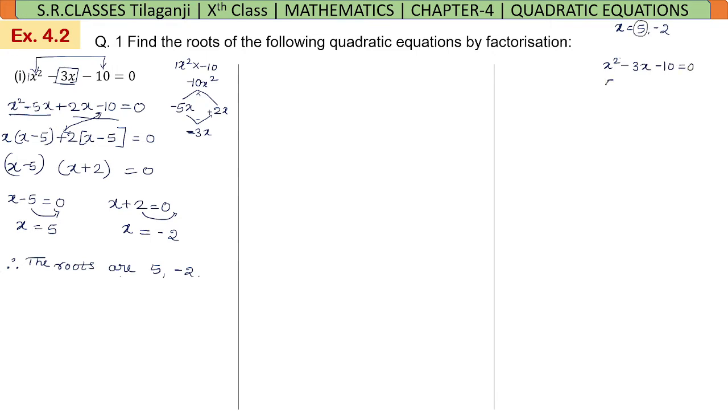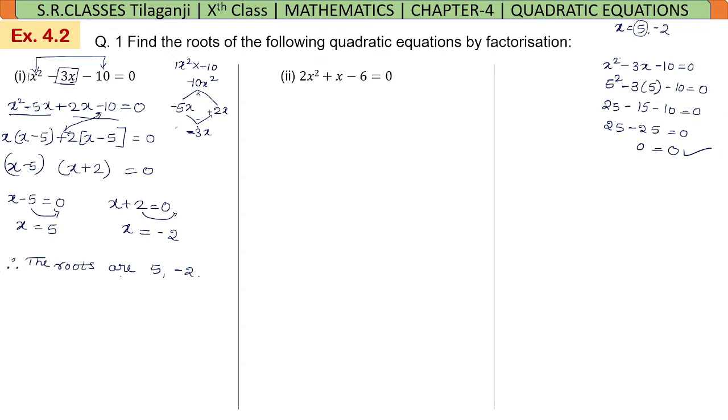So x equal to 5, x raised to square, that is 5 square, minus 3 into 5, minus 10 is equal to 0. 5 fives are 25, minus 3 fives are 15, minus 10 is equal to 0. Yes, now 25, minus 15 minus 10, that is minus 25, is equal to 0. 25 minus 25 will be 0, is equal to 0. Yes, this value, the condition is true and we are getting both sides equal to 0. So the roots are correct. Now you can check your answer by this verification method.